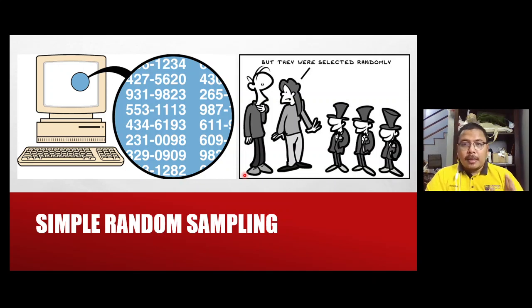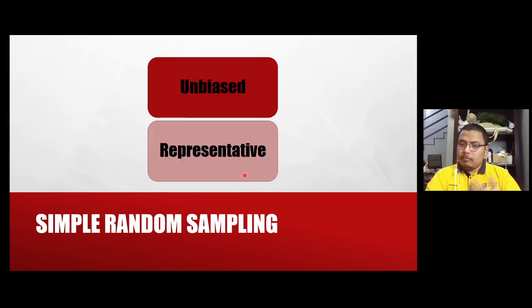A simple random sample is theoretically the ideal method of sampling. You list each member of the population and use random numbers to decide which objects are in the sample, so each object is equally likely to be selected.